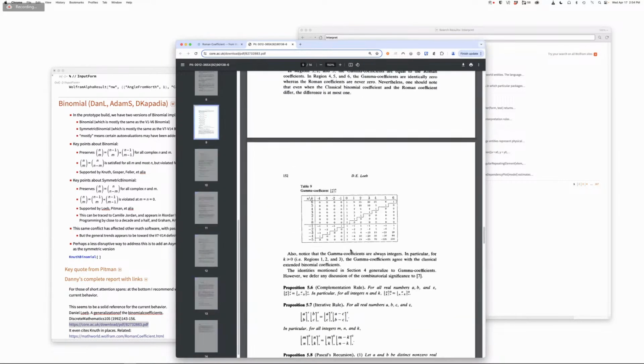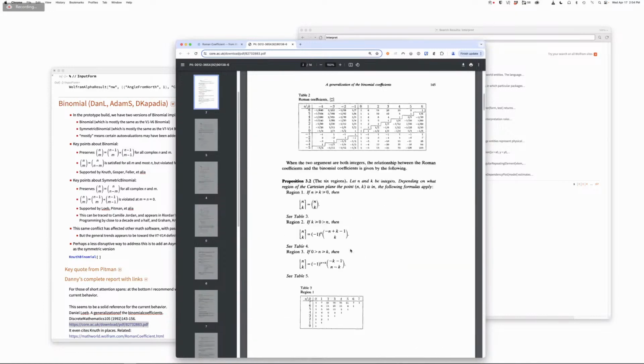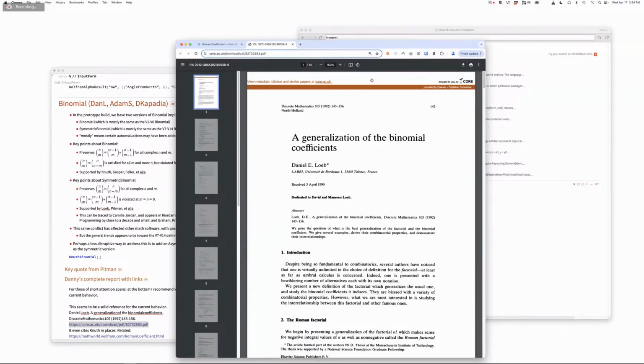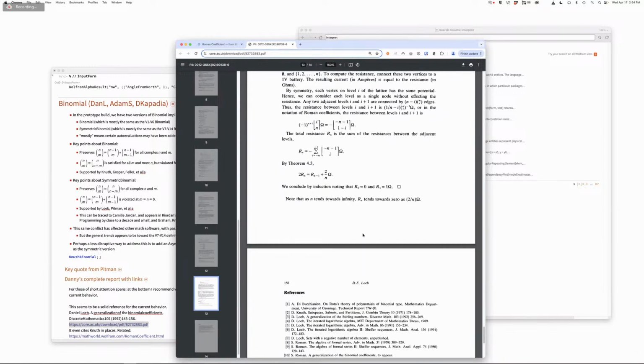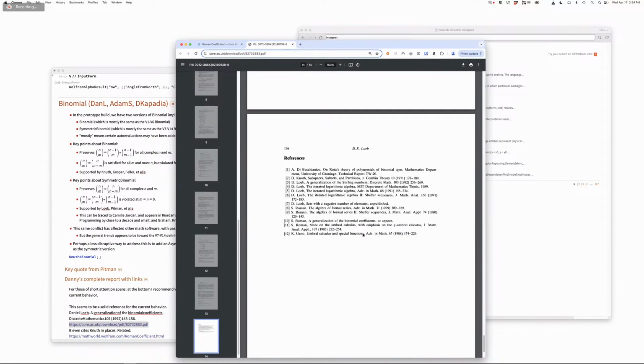Okay, we've got more history to do here. It seems that these guys were at school together, Loeb and Roman. If you look at the references, not that important. Oh no, I'm sorry, 89. I thought I saw 69. It says 79 there. Except it says to appear in 92 here.